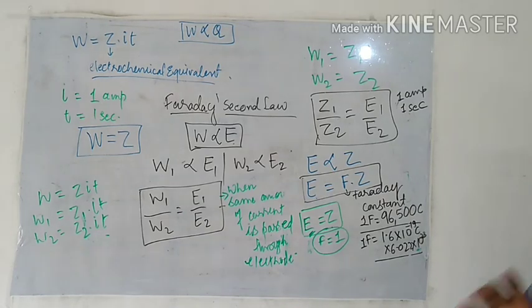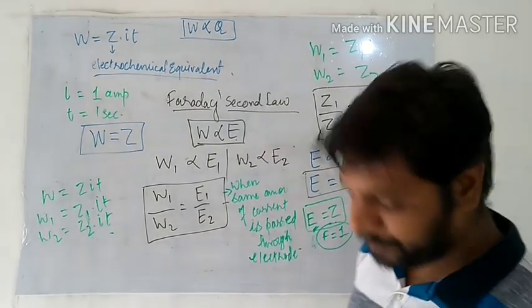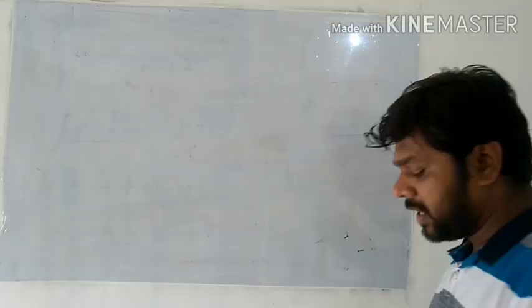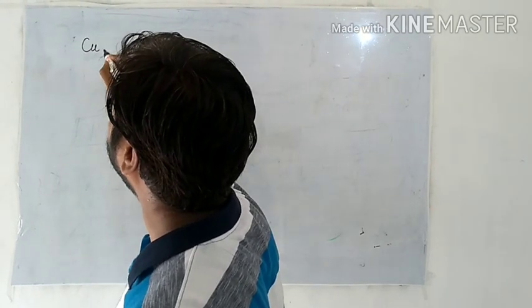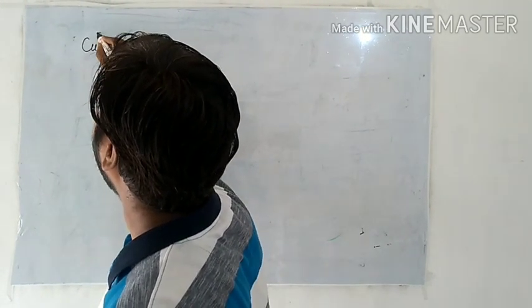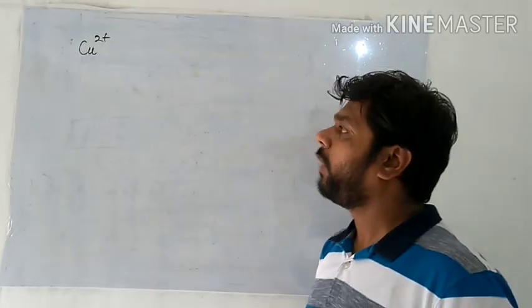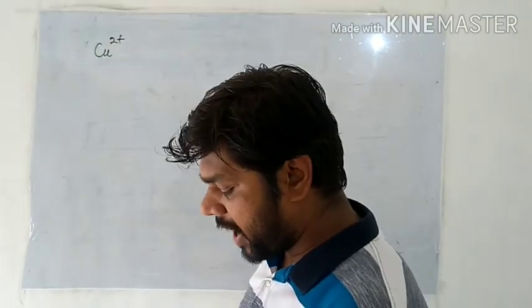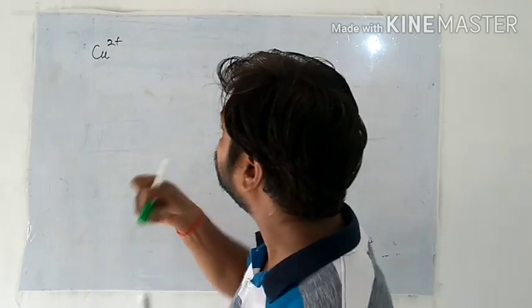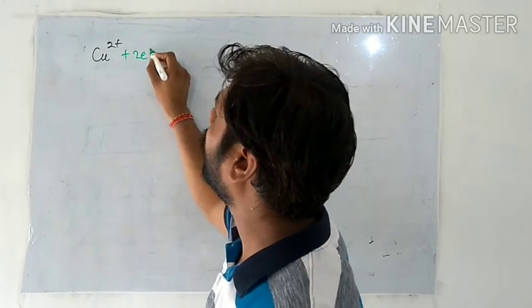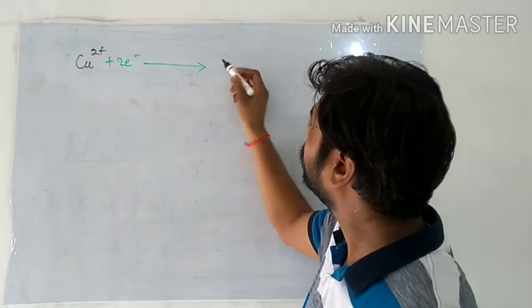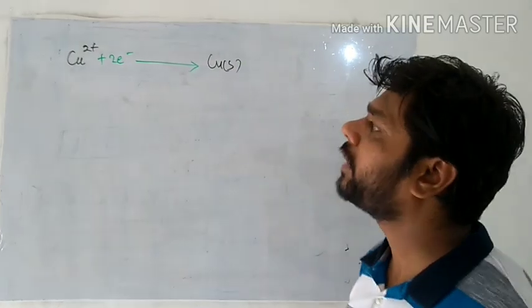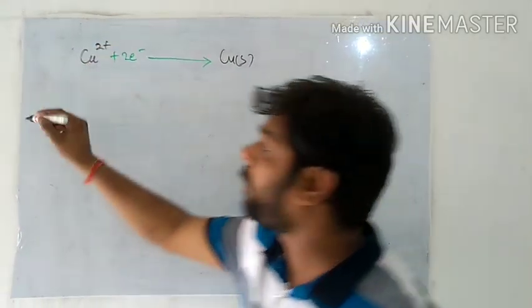Before that I would like to tell you something much more. Suppose that we have copper dipositive ion. One copper ion requires 2 electrons to reduce or to deposit on electrode as copper solid.